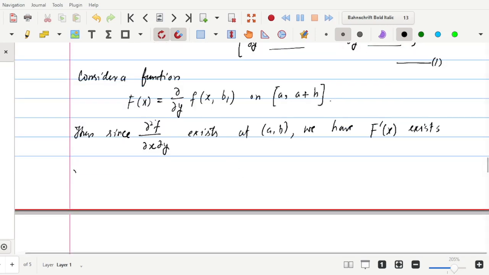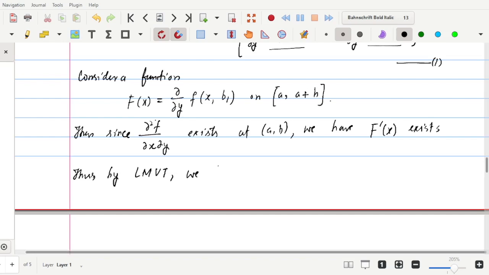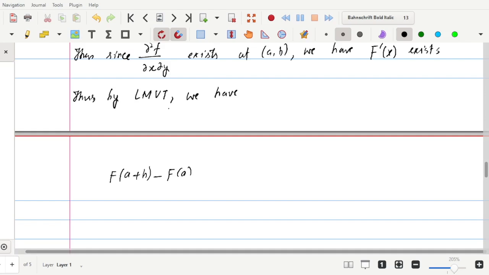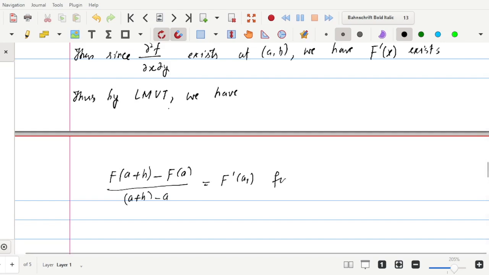Thus, by Lagrange's mean value theorem, we have F of a plus h minus F of a whole divided by a plus h minus a is equal to F dash of a1 for some a1 belonging to the interval a to a plus h.